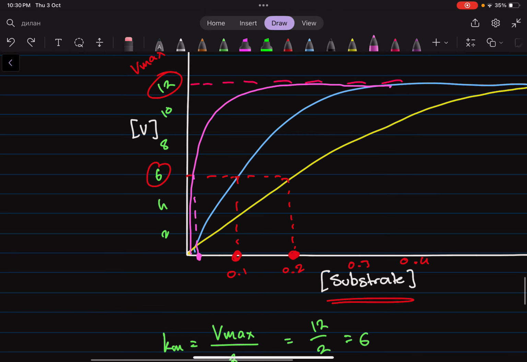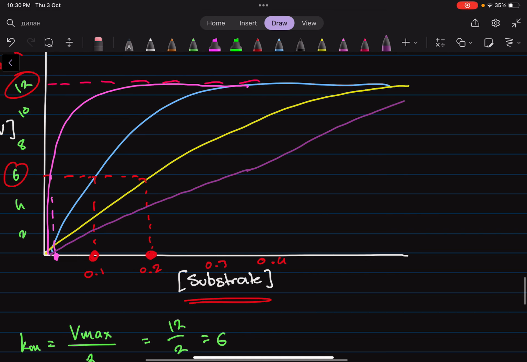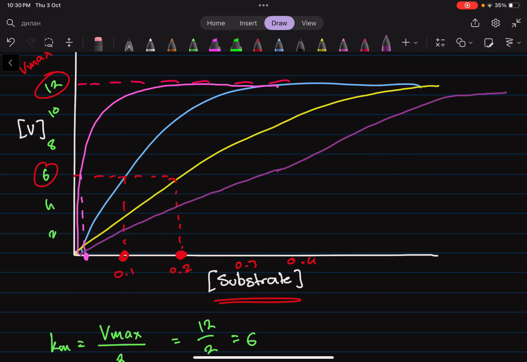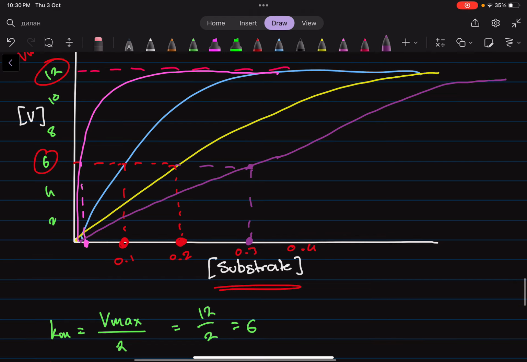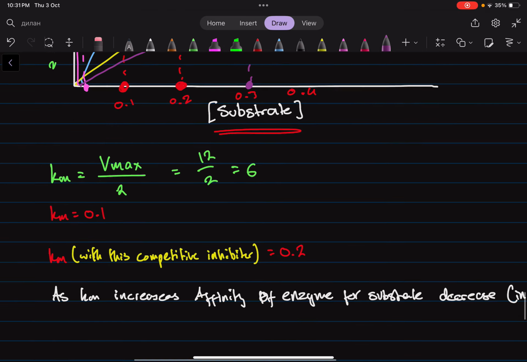And then a really high Km, like it hates the substrate so much, it's purple, it's so slow to get with that substrate. We're still going to have Vmax 12, we're still going to have Vmax over 2 is 6, but when we go across from that 6, we have some crazy high Km at 0.3 here. So the lower the affinity of the enzyme for the substrate, the higher Km gets.